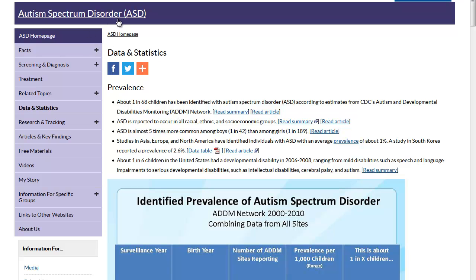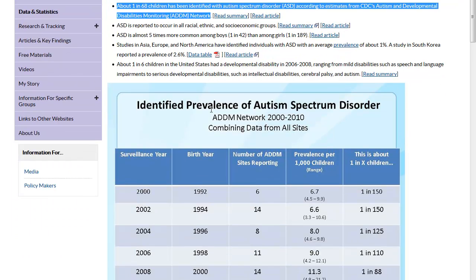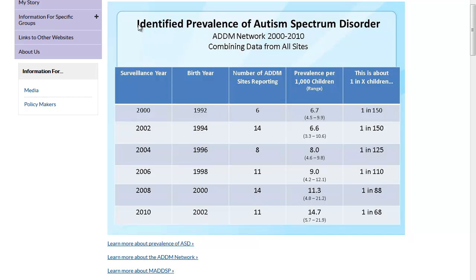The autism spectrum disorder has been measured by the CDC, and so about 1 in 68 children has been identified with ASD according to estimates from the CDC's monitoring network. And here's the prevalence of autism spectrum disorder, and they measured that in 2010 for 8-year-olds that were born in 2002. And we can see that it is now 1 in 68.